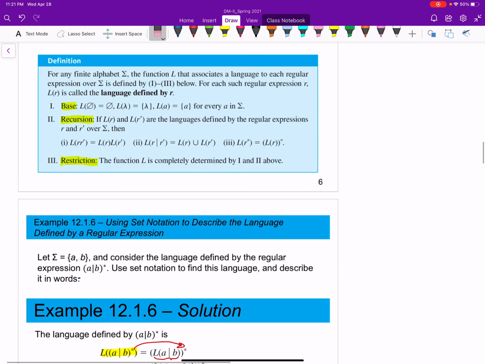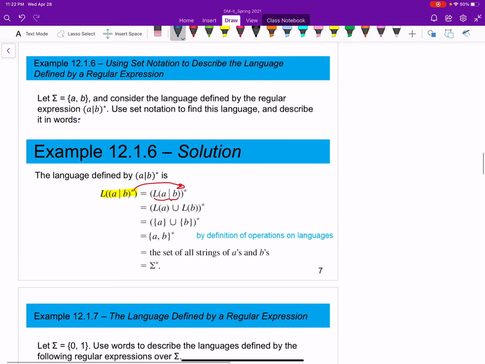L of a is a, so you could just put a here, and L of b is b. Here you have a union b, and a union b is actually {a, b}, and then outside you have the asterisk.